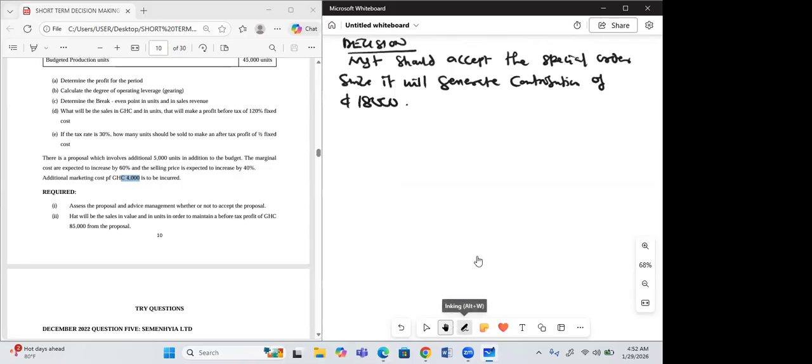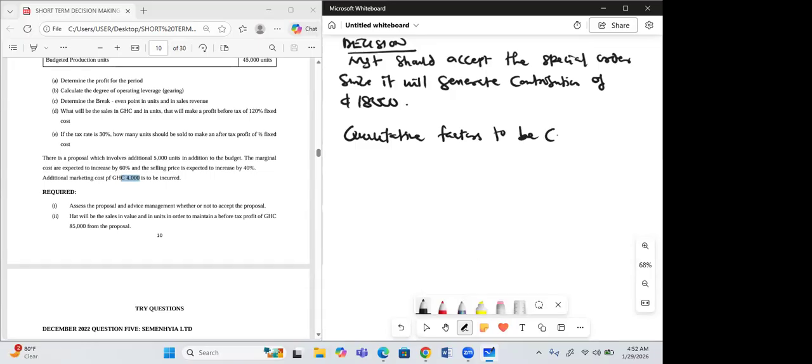What are some of the qualitative factors? Somebody should tell me what will be some of the qualitative factors to be considered. Availability of raw materials. Yes.